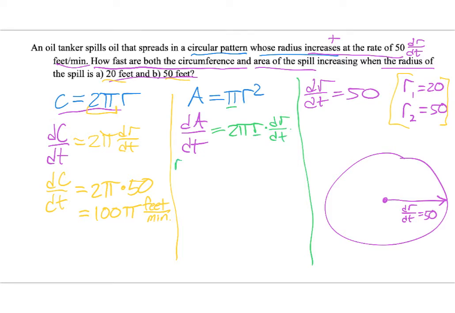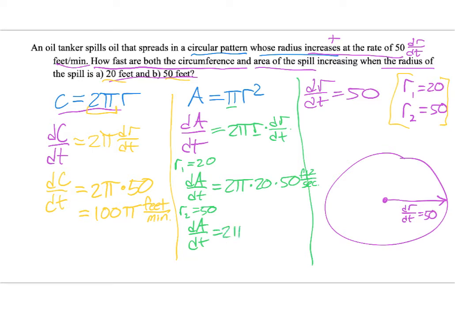So if we think about this for R1, which is 20, then dA/dt is equal to 2 pi times 20 times 50 feet squared per minute. And that's going to be, I don't know, 50 times 20 is 1,000, 2,000 pi feet squared per minute.